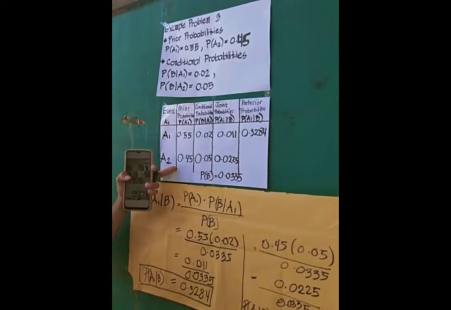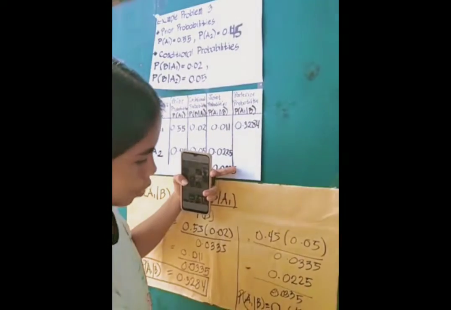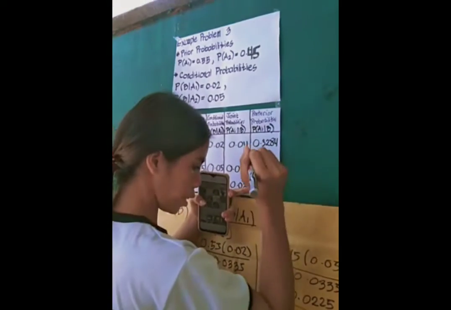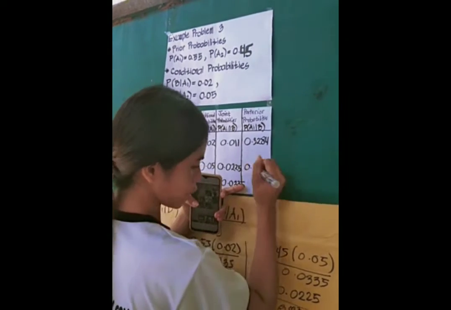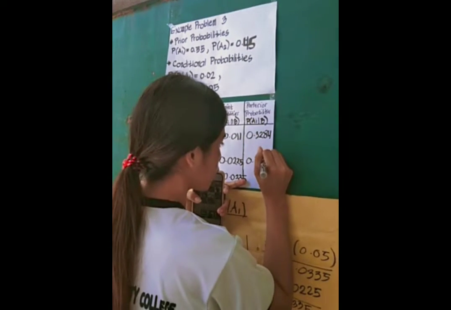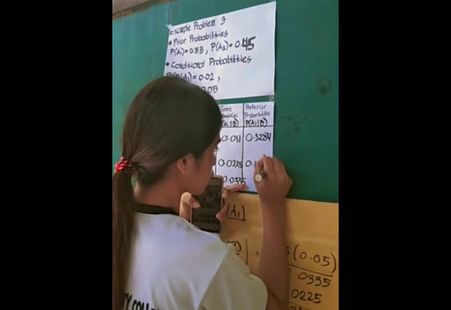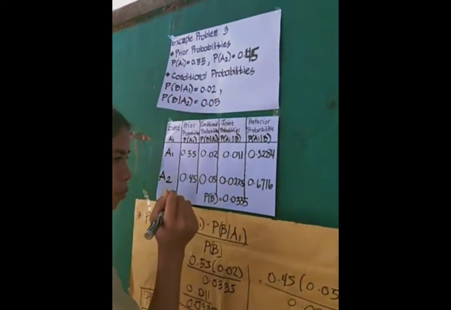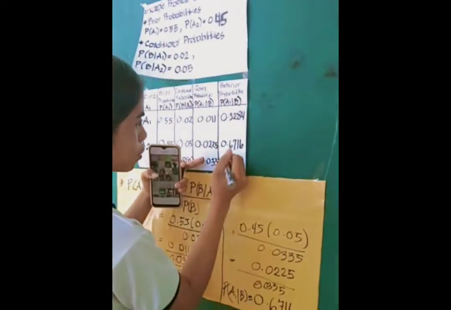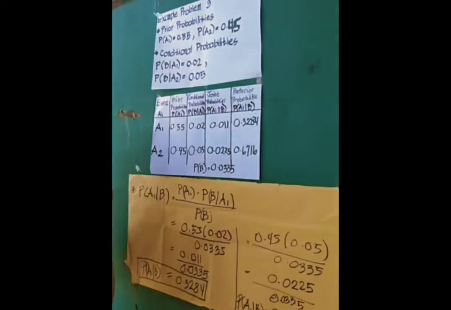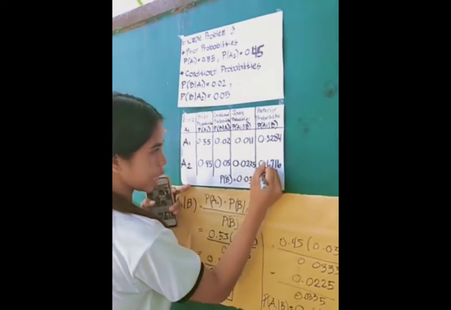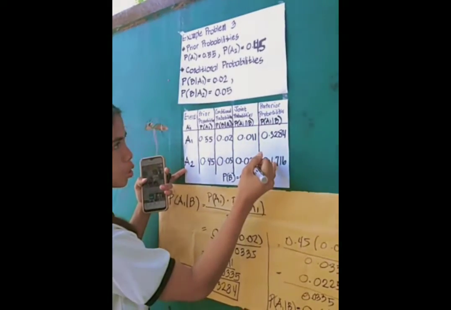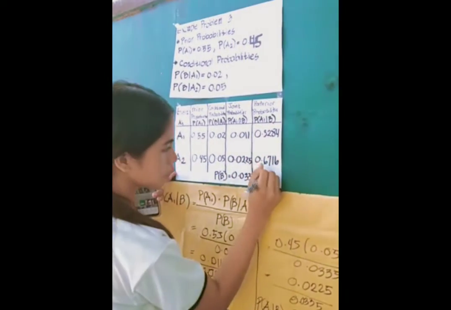And for the A sub 2, 0.6716. Then, to check the probability, we add A sub 1 and A sub 2 of the posterior probabilities, and the result is 1.